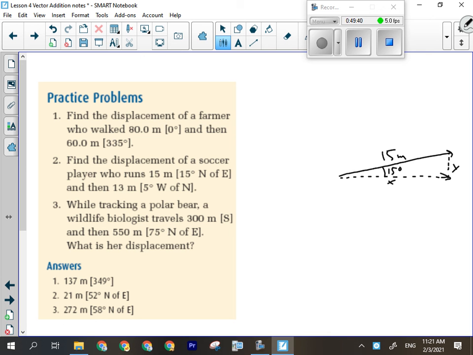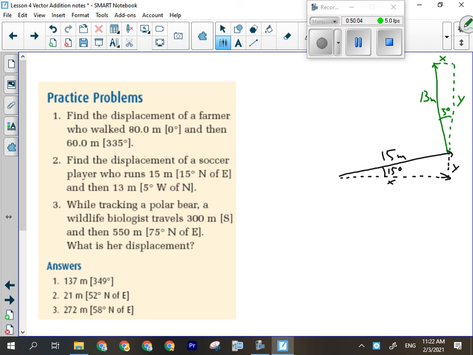Then from there, I've got a vector that's 13 meters long that's 5 degrees west of north. So I'm going to draw my reference line north. I'm going to go 5 degrees, so it's an even skinnier triangle and really crooked. So 5 degrees, here's y, here's x, and this is 13 meters long.